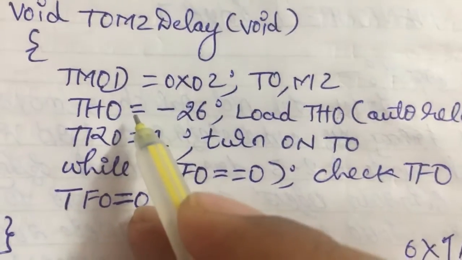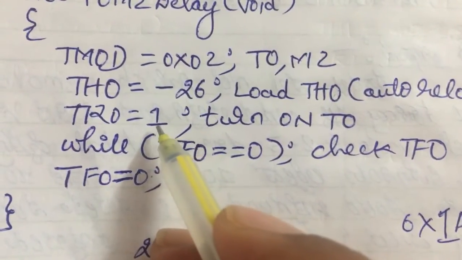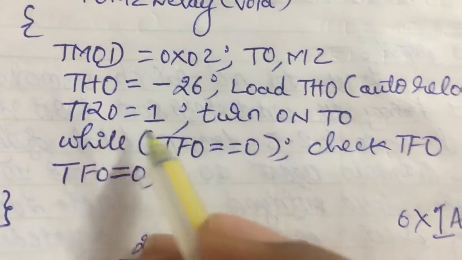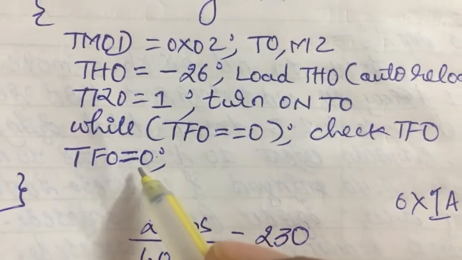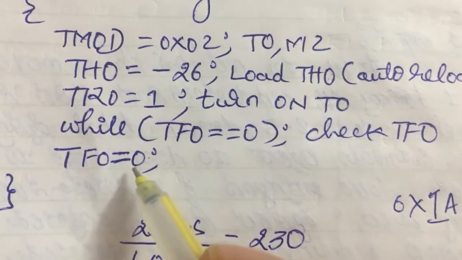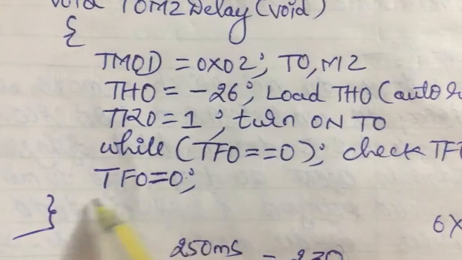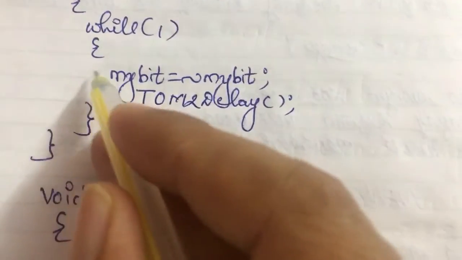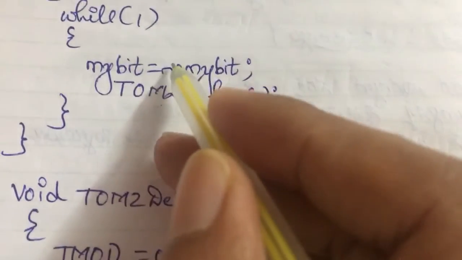Instead of that, we are writing the decimal, that is minus 26, and turn on the timer, that is timer 0, and check for the TF value. If it is equal to 1, then make the timer flag equal to 0. After the execution of TF0 equal to 0, it will come to this particular brace, and this will be executed infinitely.